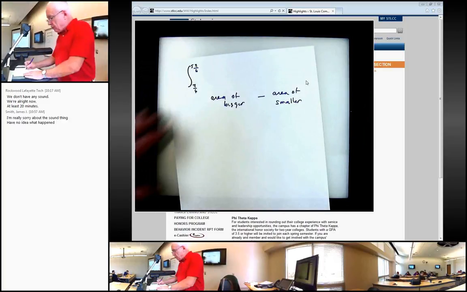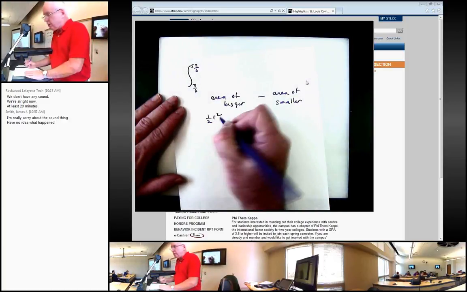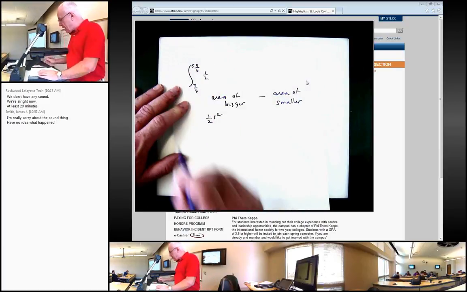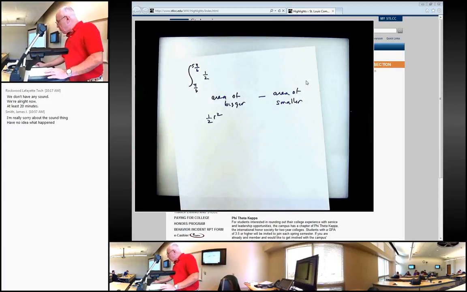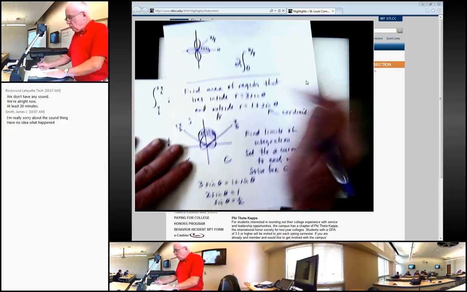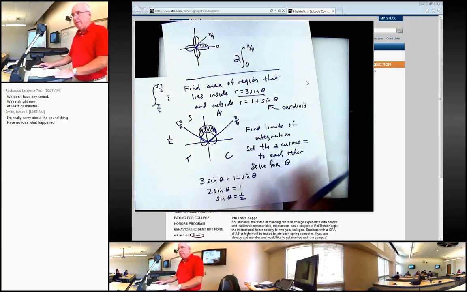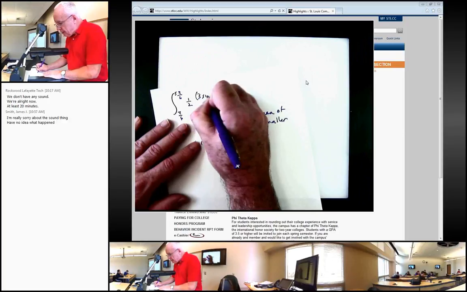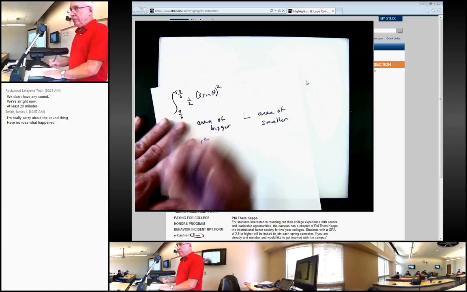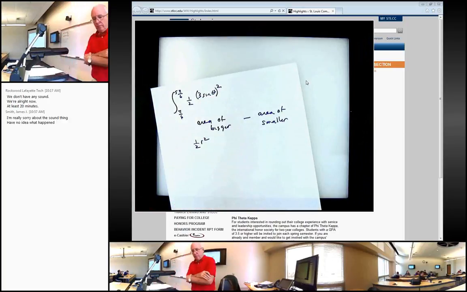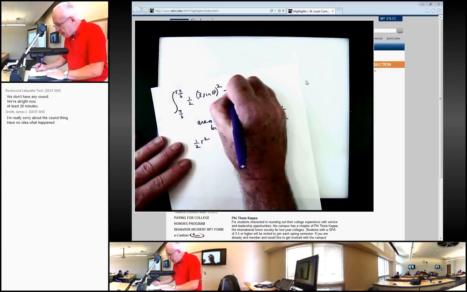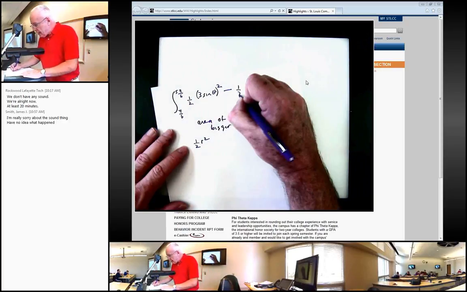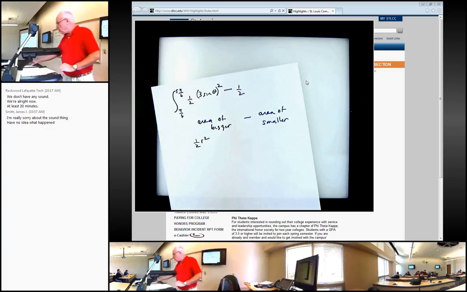Okay, we know it's 1/2 r squared. So for the bigger one, it's 1/2. Now what is our bigger one? Our bigger one is 3 sine of theta. So it's 1/2 times 3 sine of theta squared. Then it's minus, it's still in the integral, 1/2 times the smaller one.